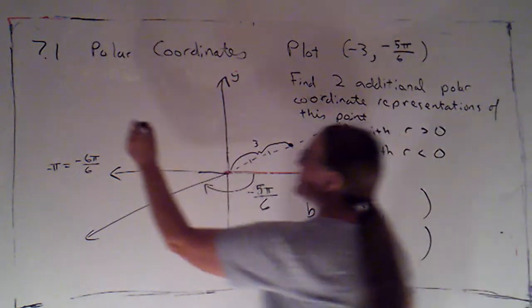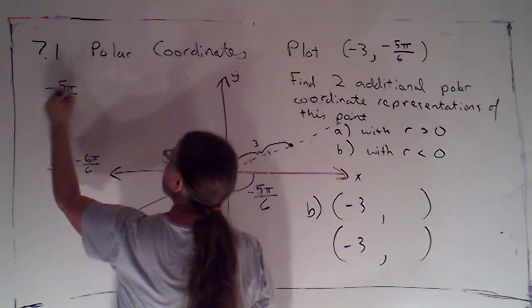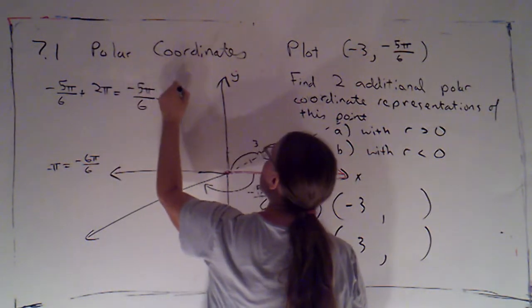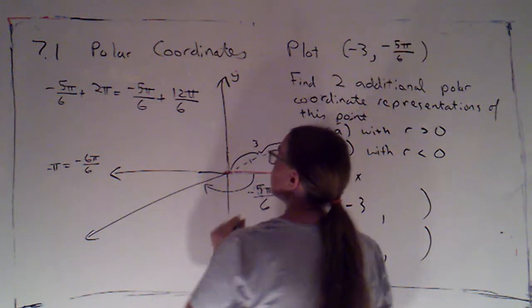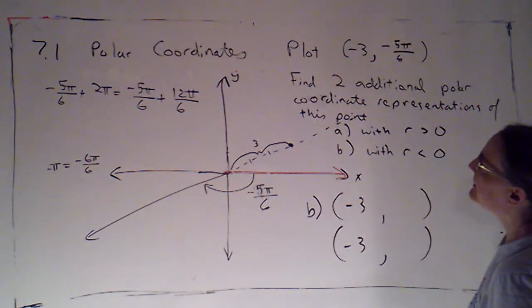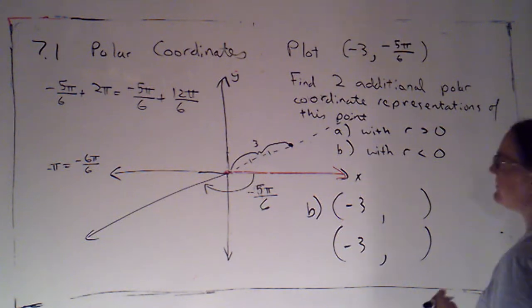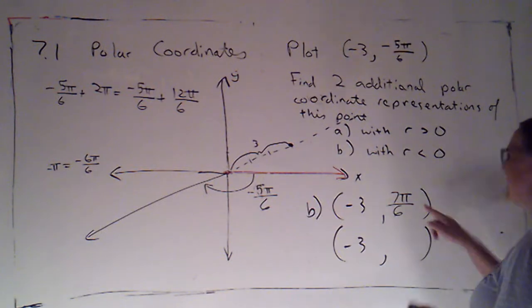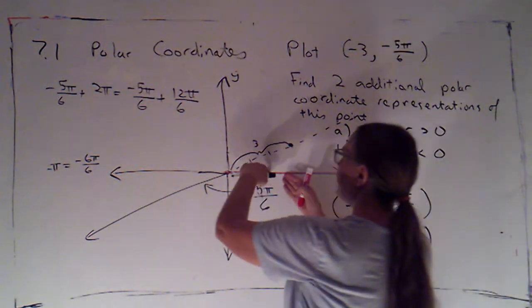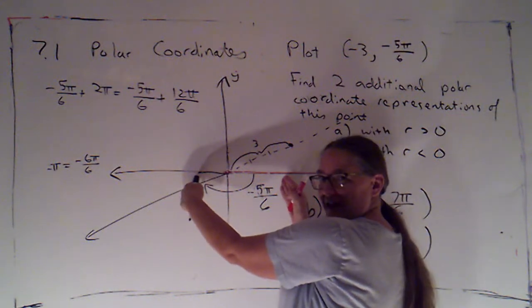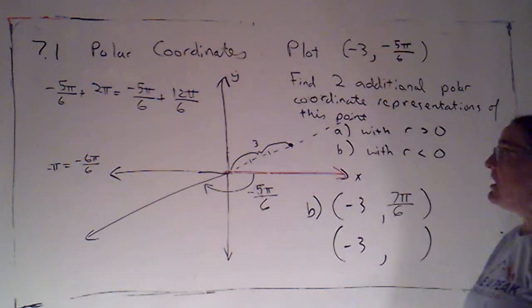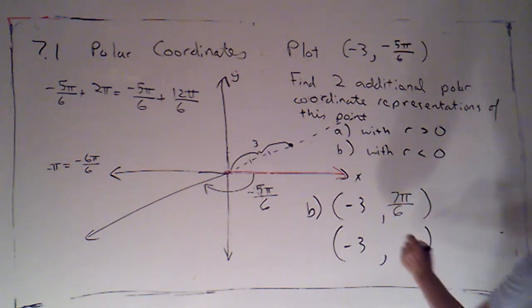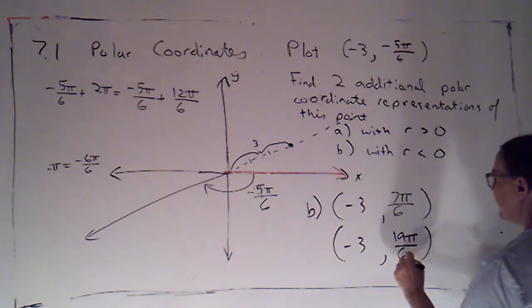So if I did -5 pi over 6 plus 2 pi, that's -5 pi over 6 plus 12 pi over 6. That would be 7 pi over 6. Sorry, had a brain fart for just a moment. That would be 7 pi over 6. That would be if I rotated in the positive direction to this ray. And if I wanted to get another angle, I'm just going to add another 2 pi. So I'm going to add another 12 pi over 6. That's going to take me to 19 pi over 6.